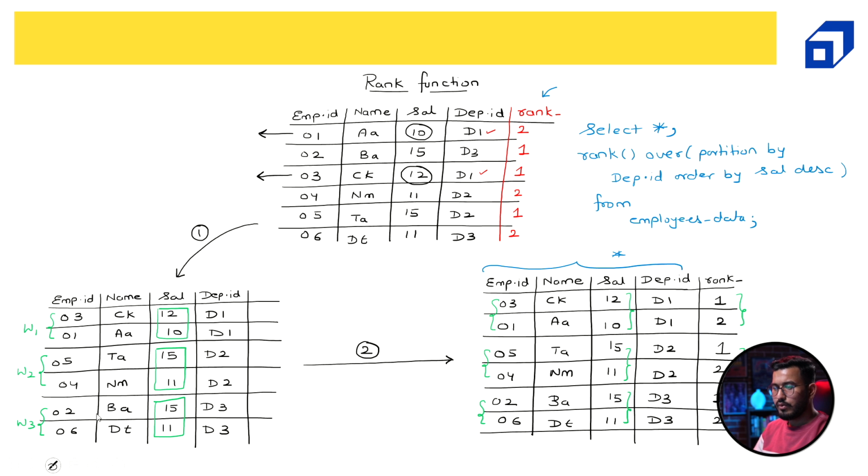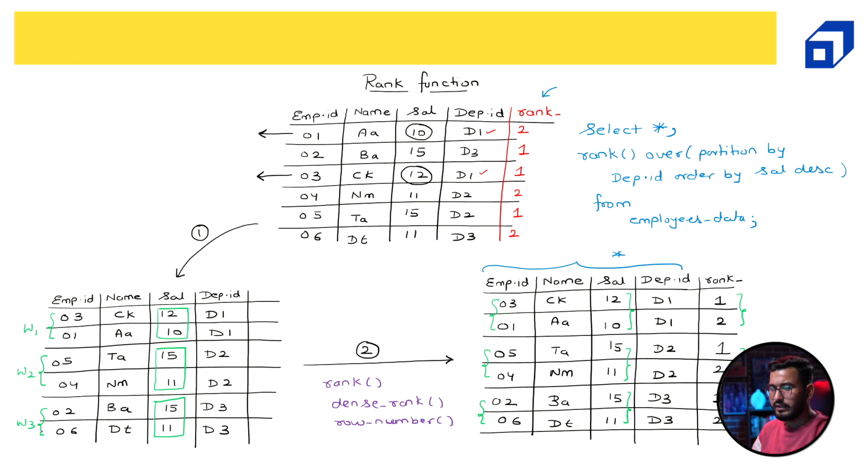But there are some more functions which are available in SQL. So we have functions like rank, dense rank, and the last one is row number. Now these three functions are very similar to each other.